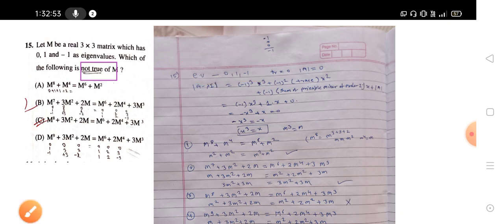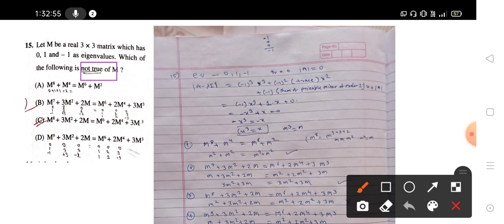First of all, we know how to find the characteristic equation. This is a very simple shortcut method: minus 1 raised to 3 x cube, plus minus 1 raised to 2 times the trace of the matrix into x square, plus minus 1 times the sum of principal minors of order 2 into x, plus the determinant.